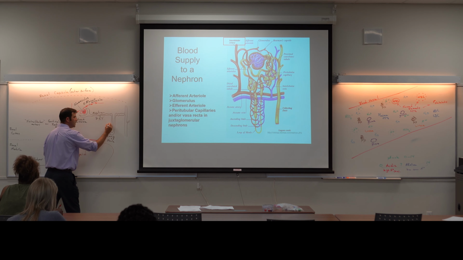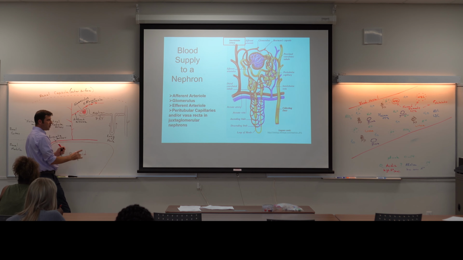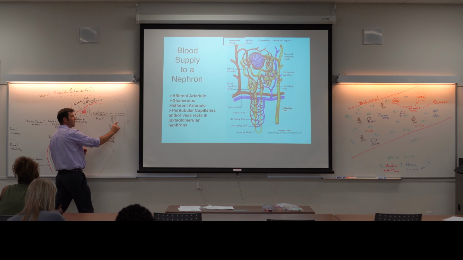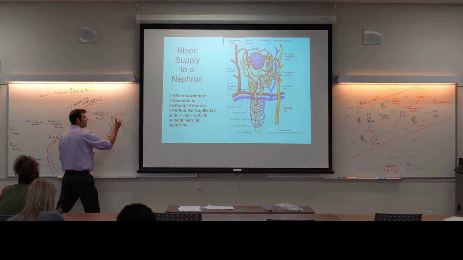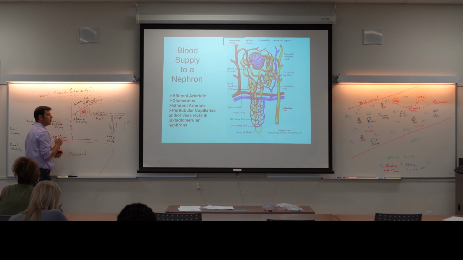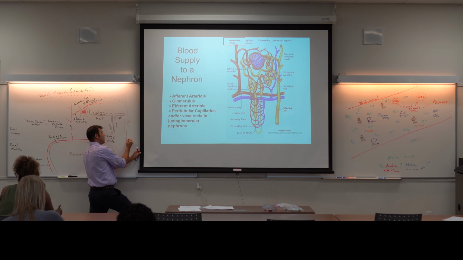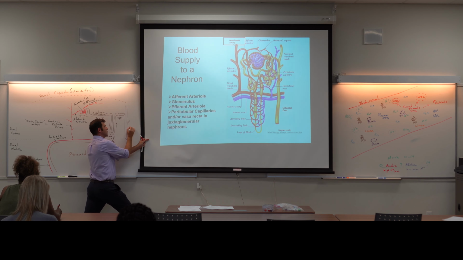We'll see that there's a descending limb to that loop of Henle and an ascending limb. Different things are happening on either side of it. But once we make our way up this ascending limb of the loop of Henle, this last squiggly part we're going to call the distal convoluted tubule, DCT. And then the last tube that I have here is going to be what we call the collecting duct.